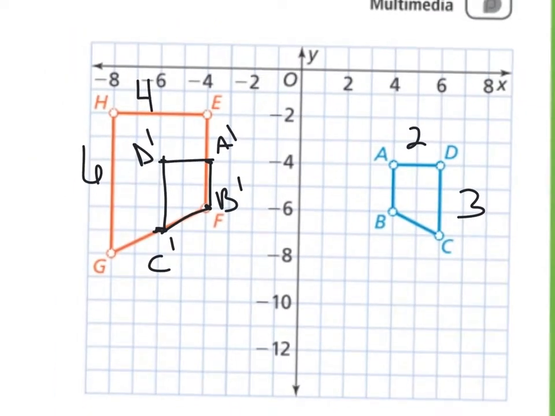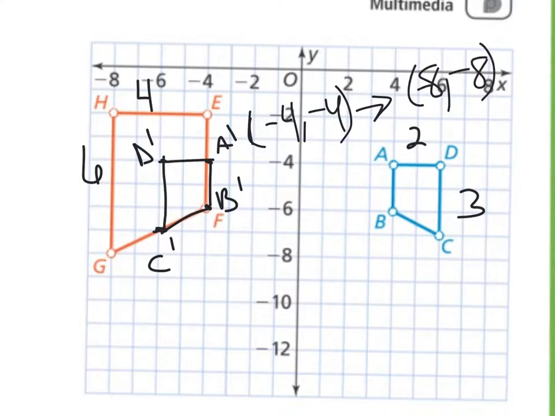So A prime, we're at -4, -4. And so if we double that, that's going to be -8, -8. B is at -4, -6.